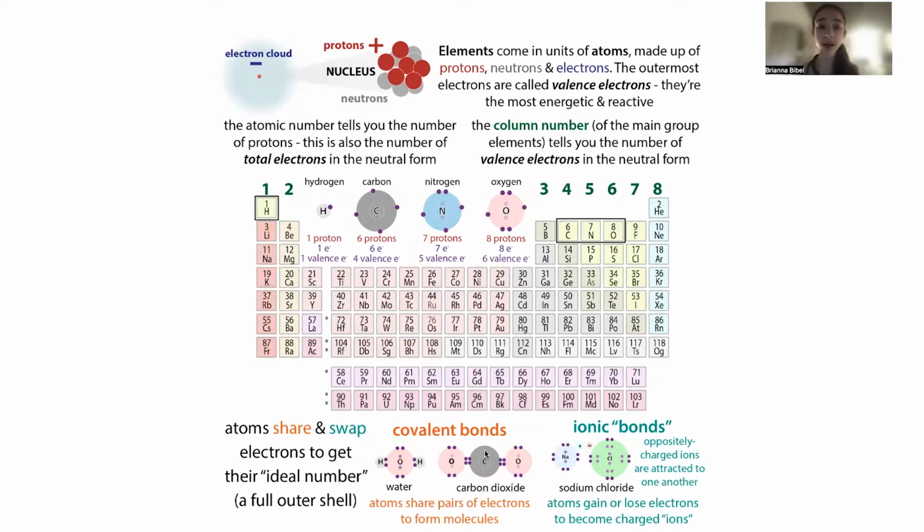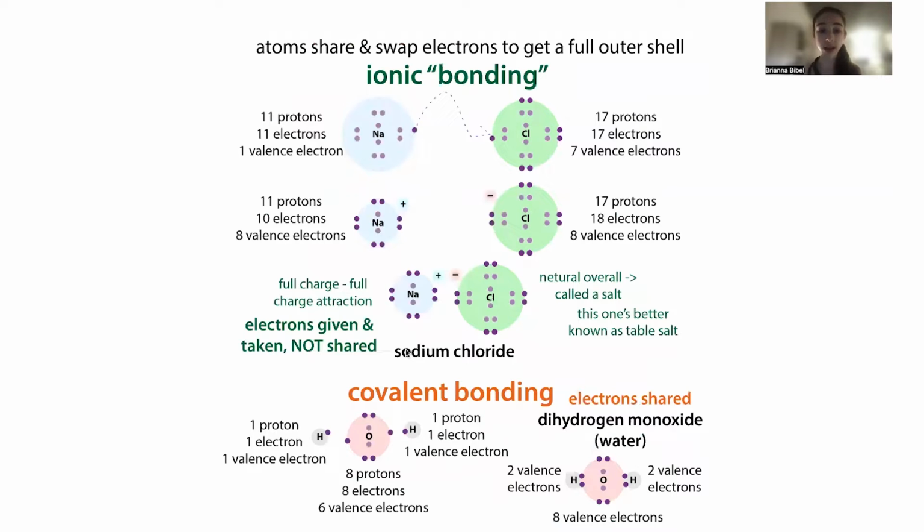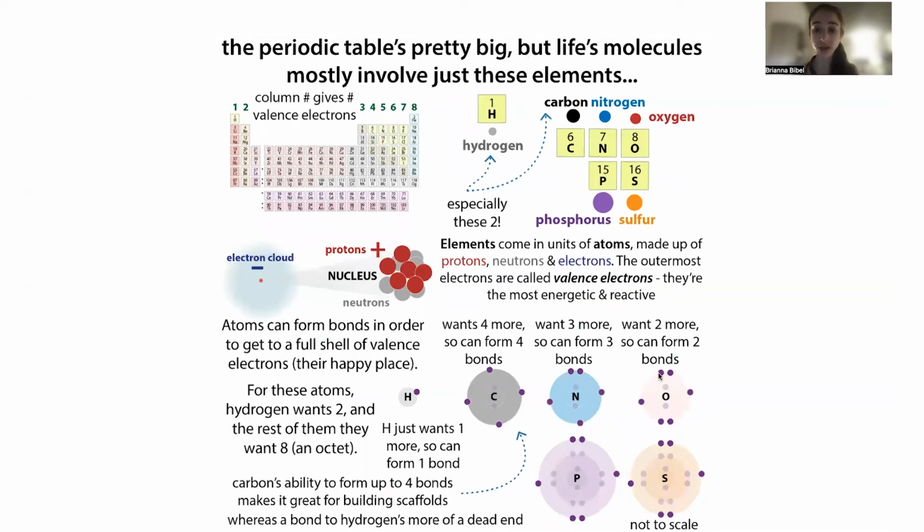So a covalent bond is where these atoms overlap part of their electron clouds in order to share a pair of electrons. So it's one pair for a single bond, two pairs for a double bond, and this will help them get to their ideal number.